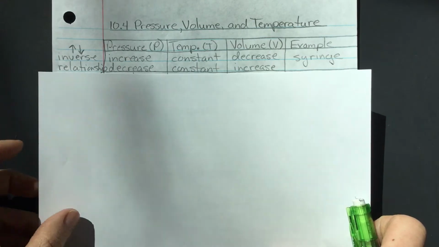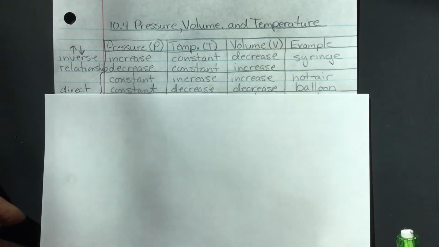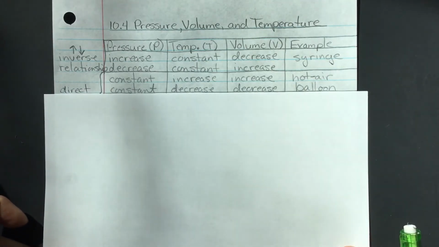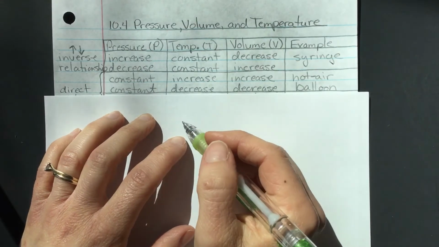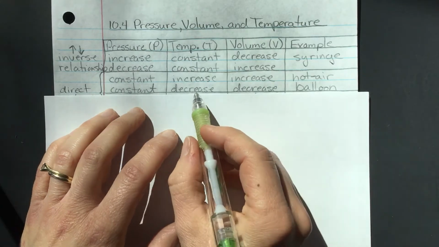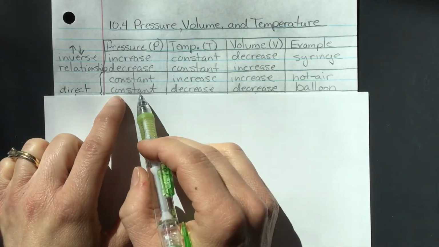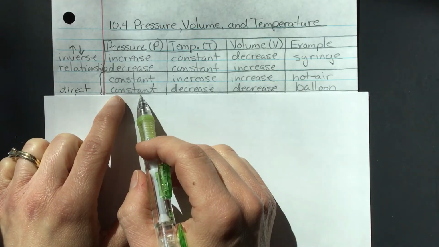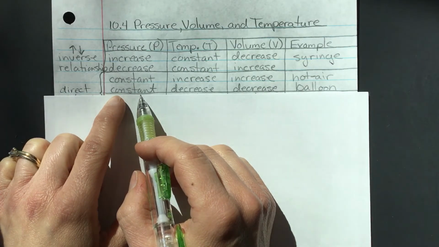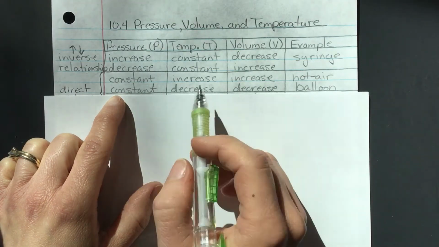Now let's take a look at another scenario. So let's talk about hot air balloons. Now hot air balloons, you know that they lift off by changing the temperature. The pressure is constant because we're talking about atmospheric pressure, so the atmospheric pressure is not going to be changing much while you're flying your hot air balloon.